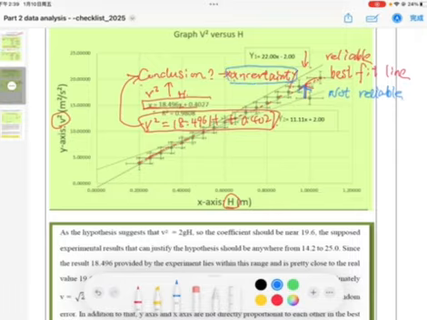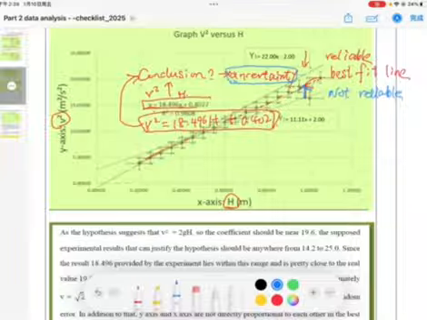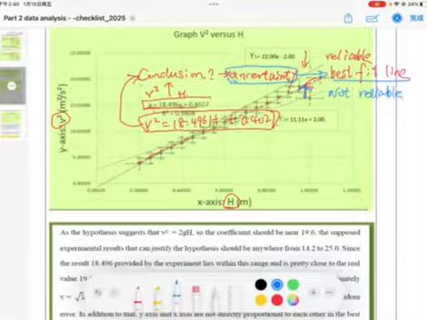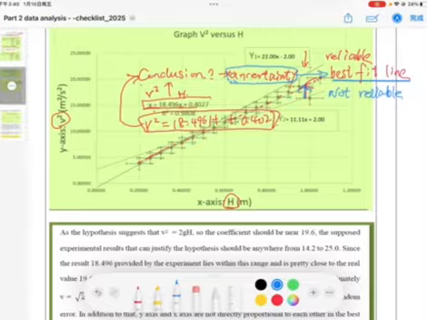Now, the uncertainty of your conclusion is actually the uncertainty of this best fit line, right? Because the equation is the best fit line equation. So if you get a different best fit line, you will get a different equation.